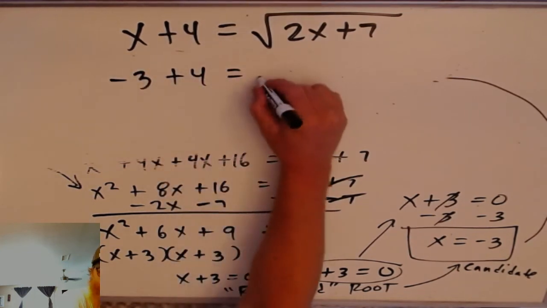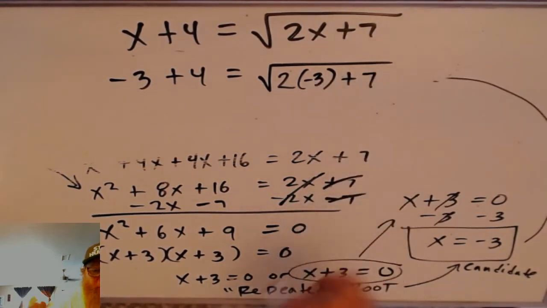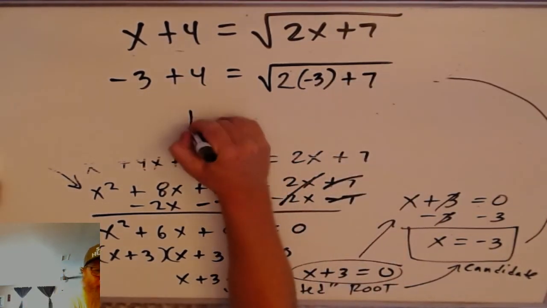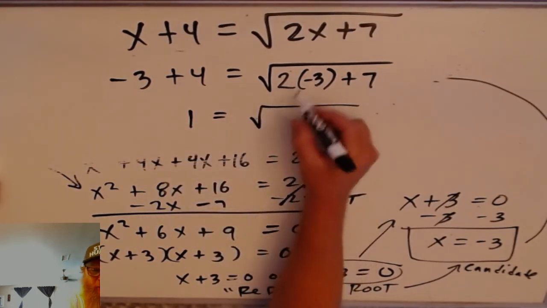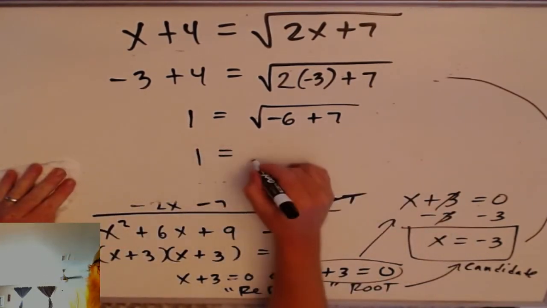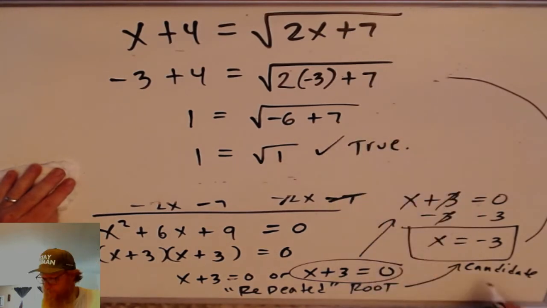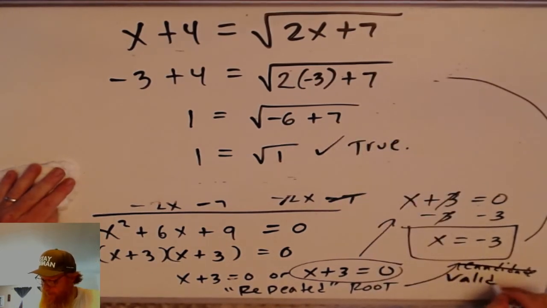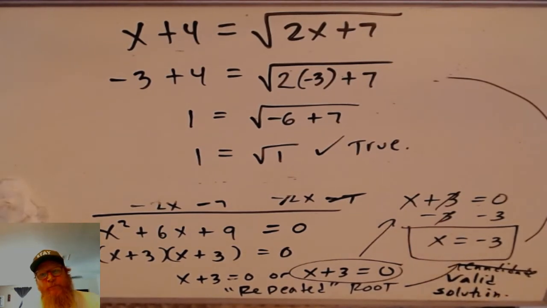So -3 plus 4 equals the square root of 2 times -3 plus 7. -3 plus 4 equals 1. 2 times -3 is -6. 1 is equal to the square root of 1. True. So this is a valid solution. X equals -3 is a valid solution. It checked out.